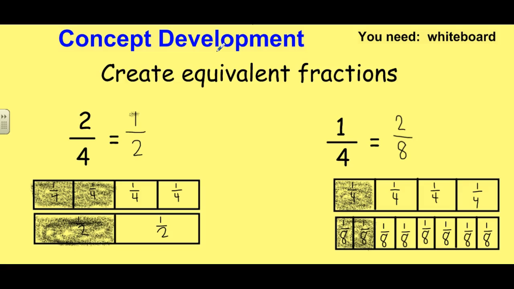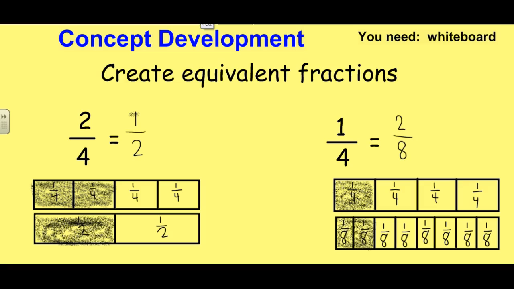But anytime you're asked to create 2 equivalent fractions, your best bet is just to write a simple fraction that we've worked with before, and double it by 2. Because they're not giving you a specific one to create, you just do it on your own. That's always an easy way to do it.